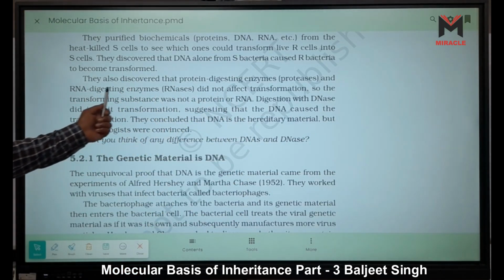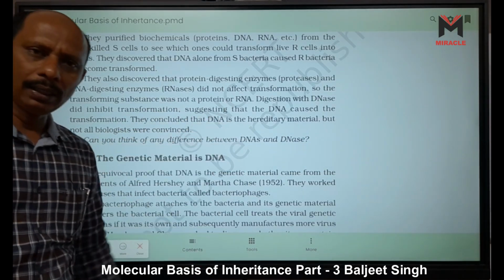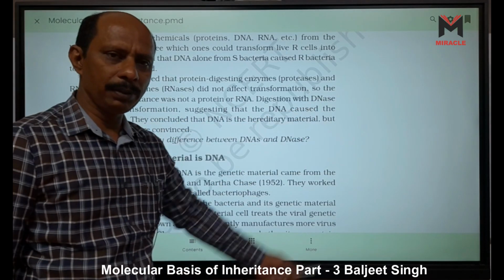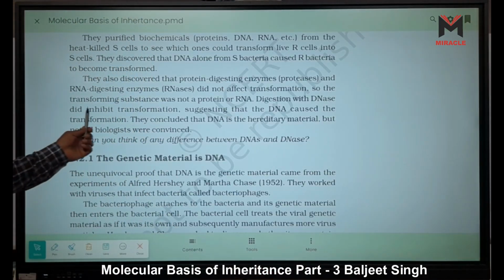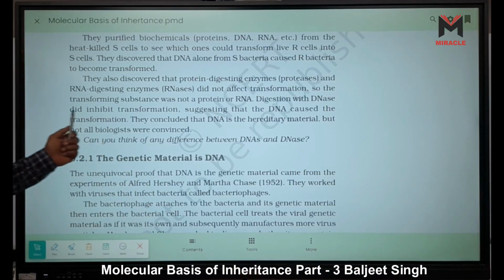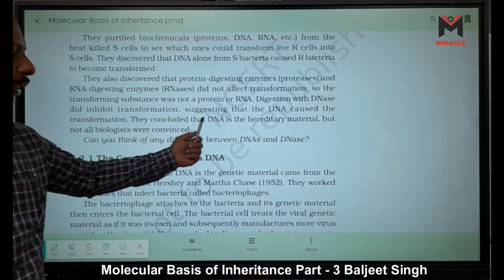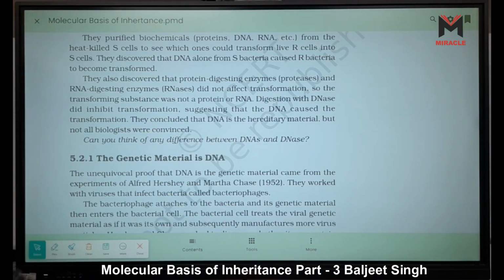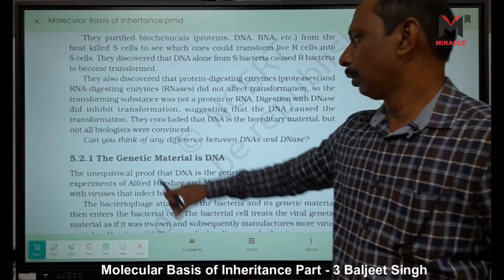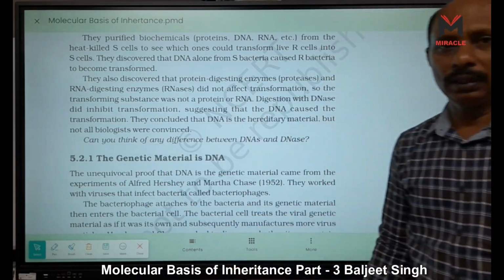So the transforming substance was not a protein or an RNA. Digestion with DNase, this is the enzyme, did inhibit the transformation, suggesting that DNA caused the transformation. They concluded that DNA is the hereditary material, but not all biologists were convinced at that time.